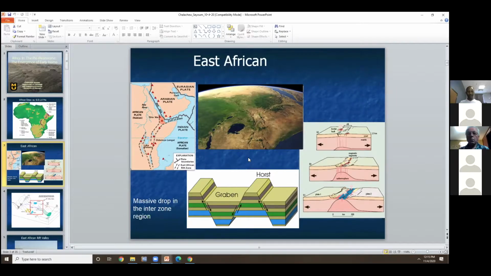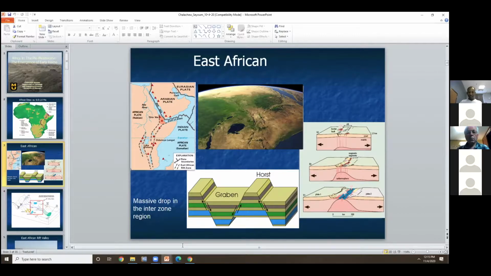The East African rift system is a result of fragmentation of a once stable continental lithosphere, and the East African dome started to enlarge around 40 million years ago.